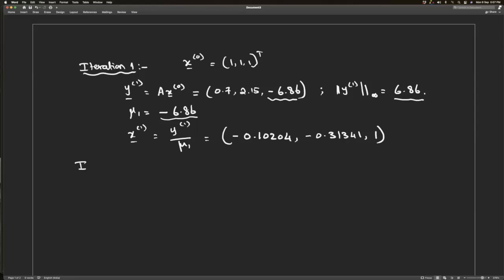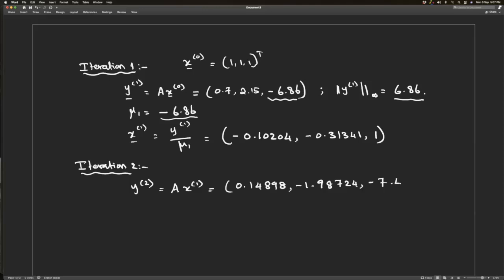For the second iteration, we have to find y2 first, that is given by A into x1, and that is numerically going to be 0.14898, minus 1.98724, and minus 7.48816.